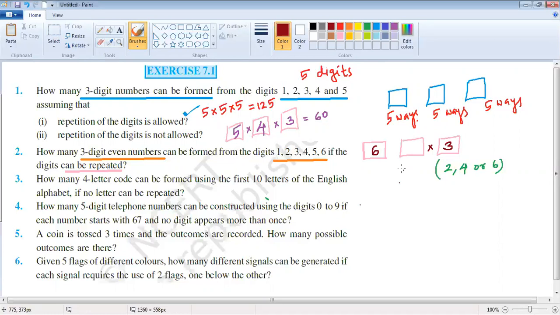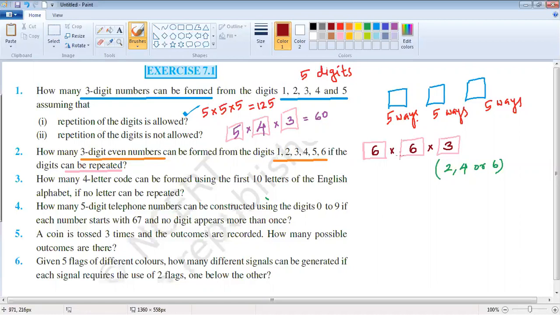Then the 10th place is also possible in 6 ways because the digits can be repeated. But the unit place does not have 6 options because it should be an even number. So the number should end with either 2, 4 or 6. So there are only 3 ways.